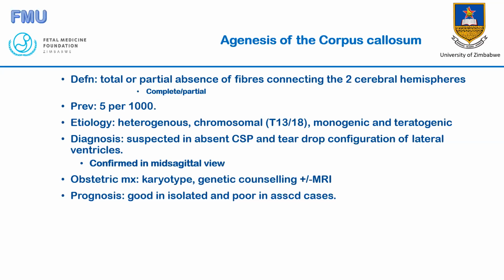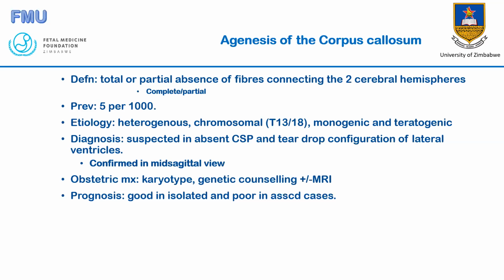Then the management, what do we do? I've already told you that trisomy 13 and 18 are associated with this condition. So we need to offer the couple a karyotype, to offer them amniocentesis so that we can know if trisomy 13 or 18 is underlying. The reason for trying to pick trisomy 13 and 18 is that they are very bad aneuploidies.